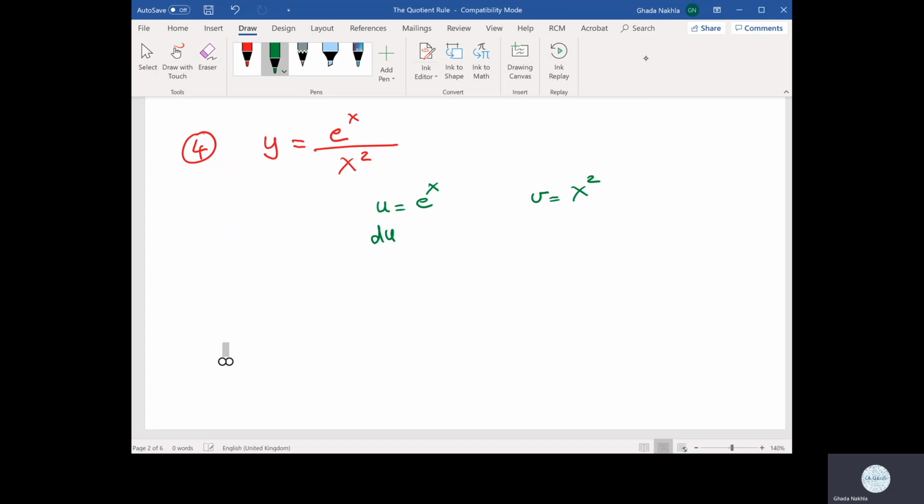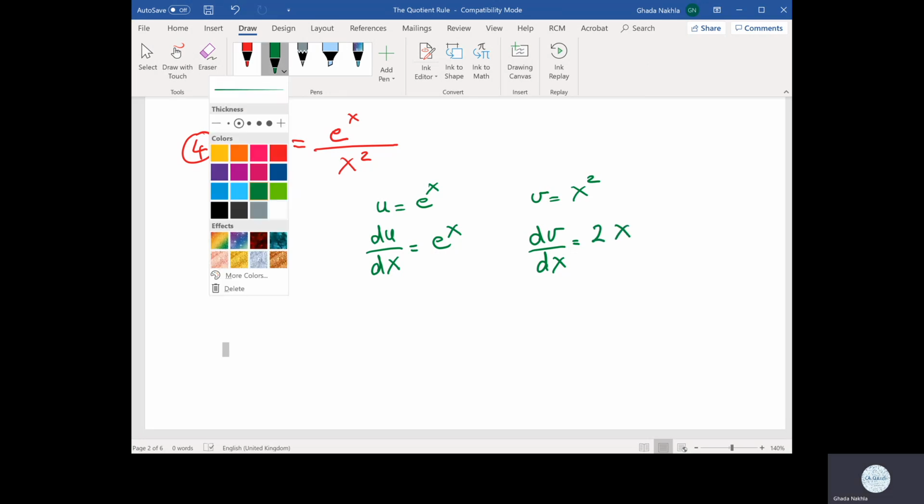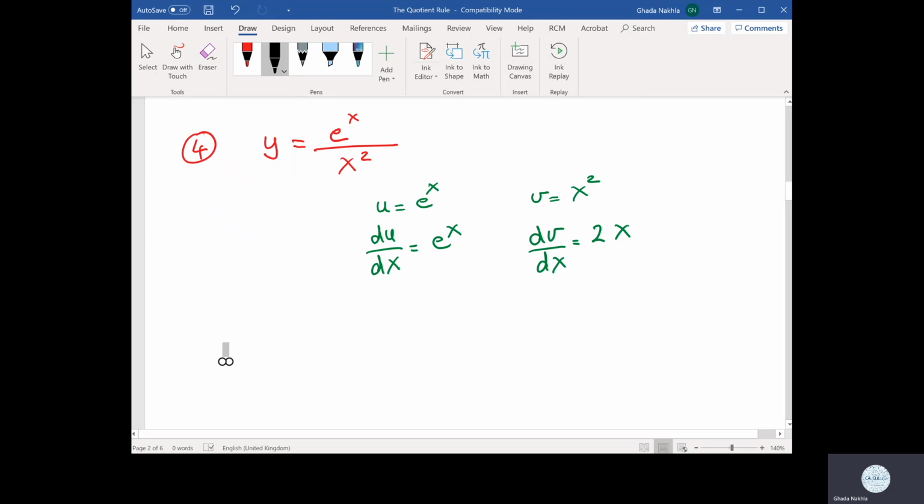And then differentiate du by dx. And we all know that when you differentiate e to the x, you get e to the x. It stays the same. And then when you differentiate dv by dx, you get 2x. Brilliant. Let's apply the quotient rule.